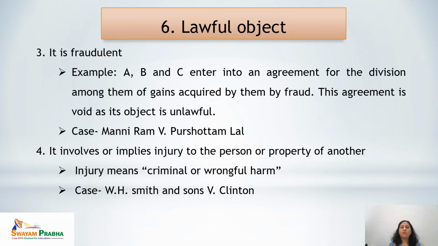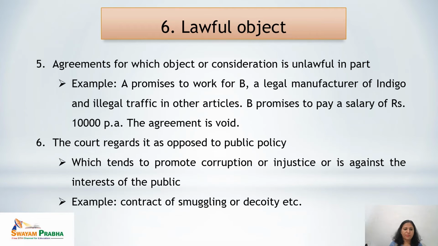So this type of contract is always a void agreement, because here the intention is to cause injury to the image of the person or to the property of another person. So in both these cases the object of the contract is unlawful, so the agreement is void.